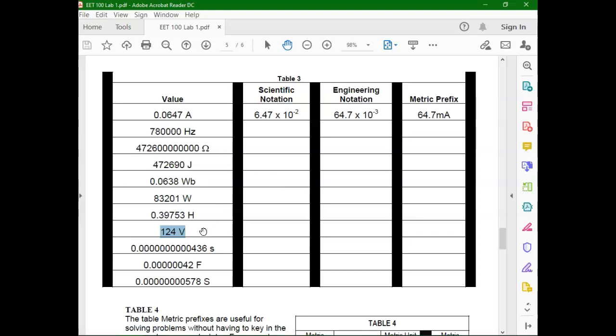So 124 volts. So scientific notation, what would that be? Would that be 1.24 times 10 to the second? It would be. What about my engineering notation?